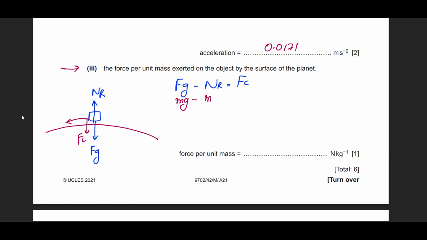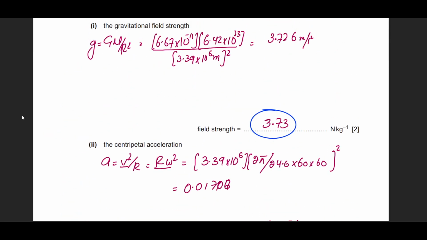So let's call this ma, acceleration due to the normal reaction, equals the centripetal force, which is mv square over r, which you just calculated in the previous part. Now we can see that the mass gets cancelled out from the whole equation. What we are left with is, sorry, not 9.81, but the gravitational field strength of this planet, which was 3.73.